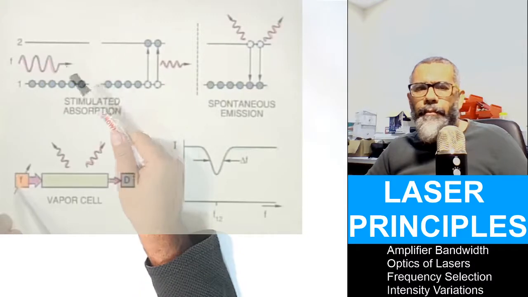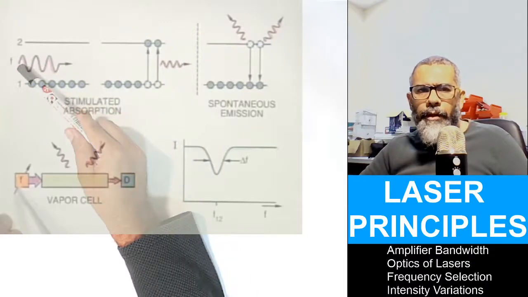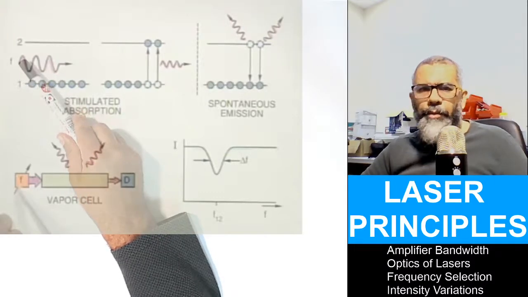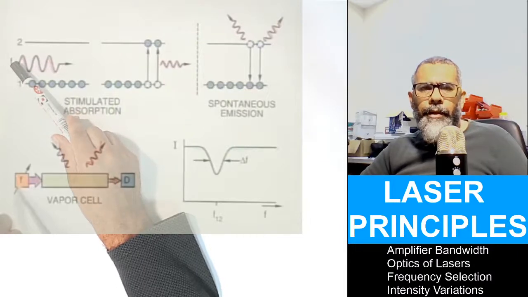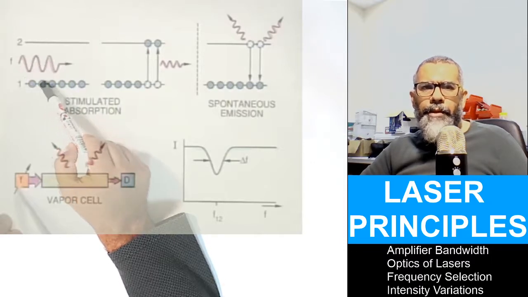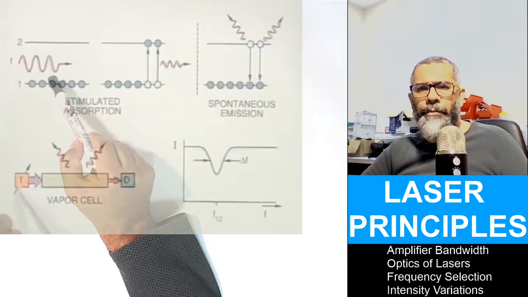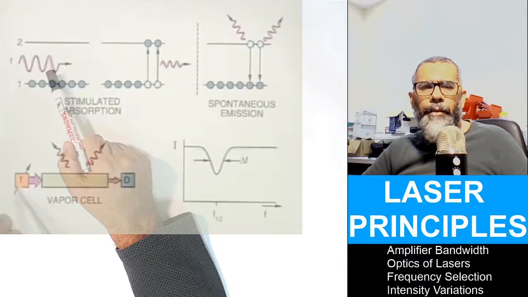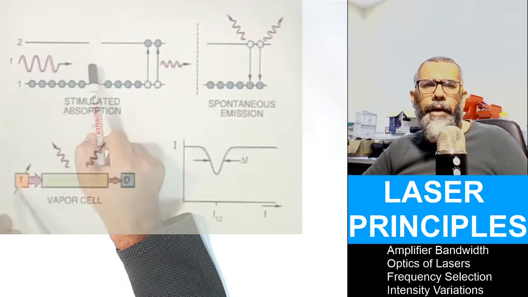There is also one incoming light of a certain frequency and a certain amplitude. If this incoming light meets these atoms, which are very close to each other, side by side, you will have absorption of the light by the electrons.